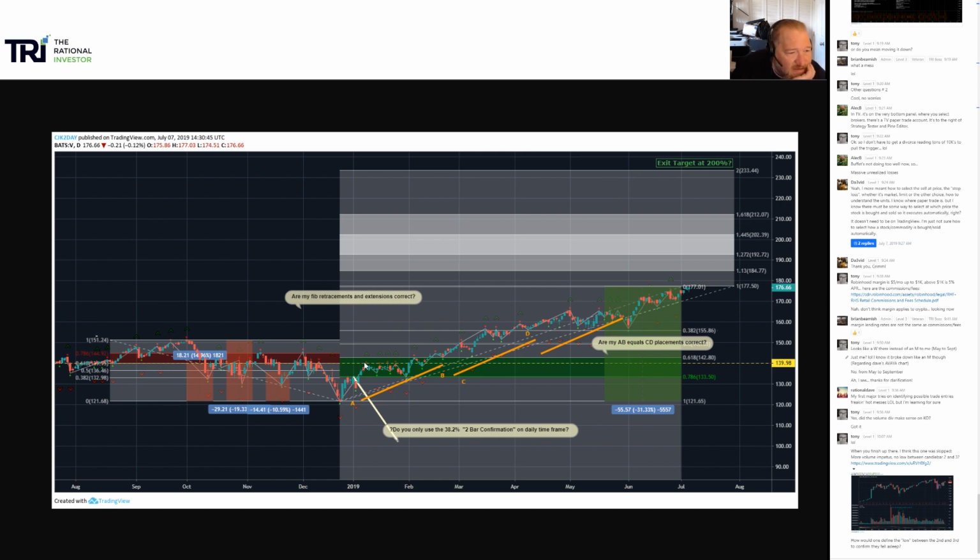You might do AB off of here, and then C to D hopefully takes us about to there, right? Ideally, you want to draw your AB line directly on the range itself. So from the low on the one candle to the high on the other candle. And then you can just copy and paste that, and you drag that to the new low, and that'll project out to the new high.